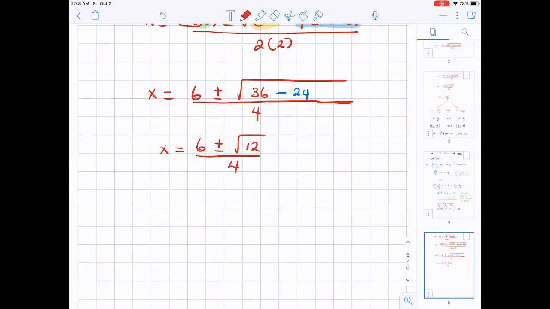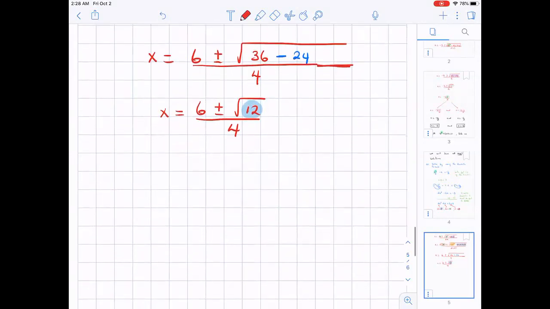And we ask ourselves, do we know the square root of 12? Well, 12 is not a perfect square. But we know how to simplify it. So we have x is equal to 6 plus or minus the square root of 4 times the square root of 3 over 4.